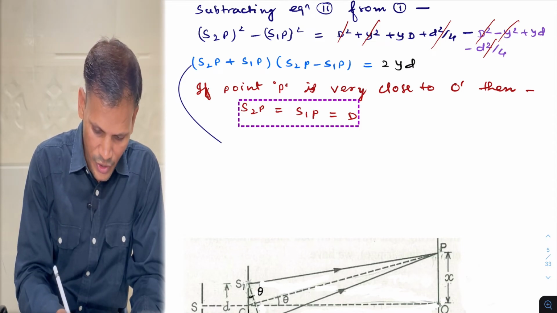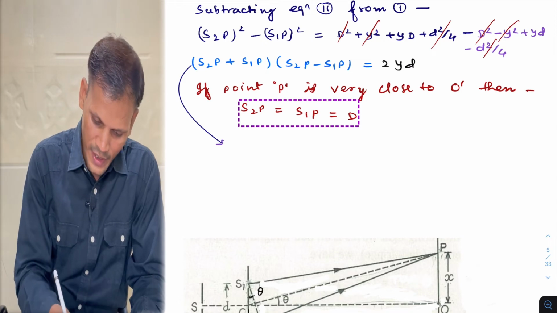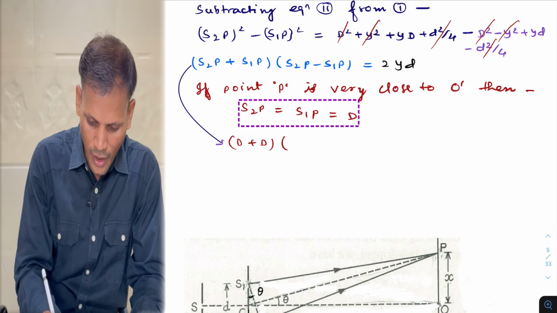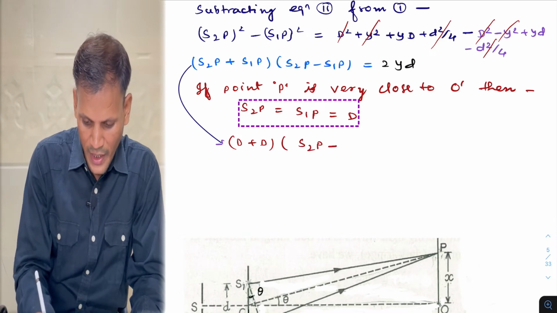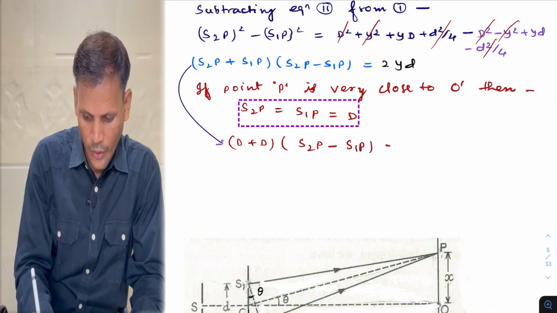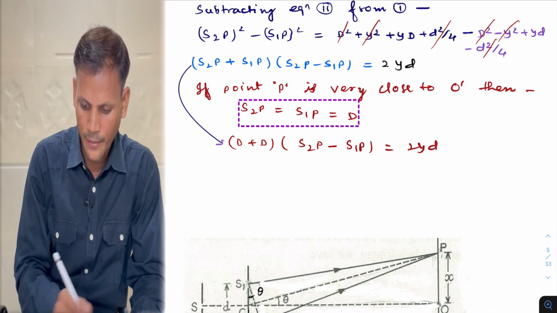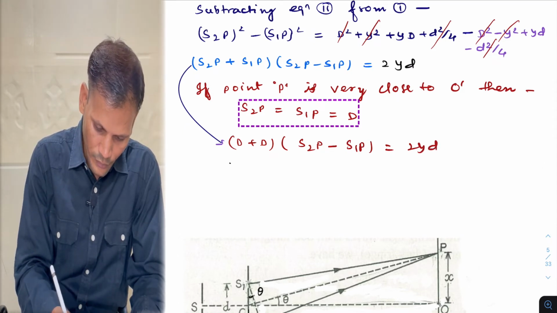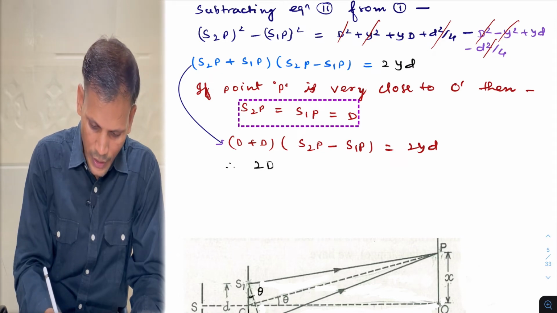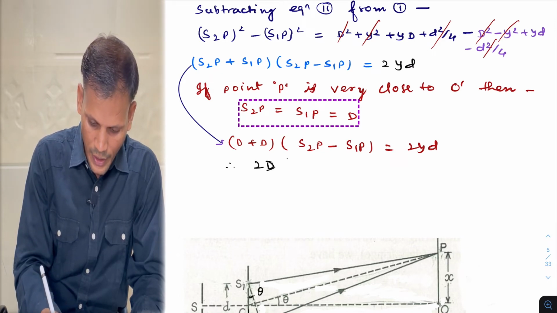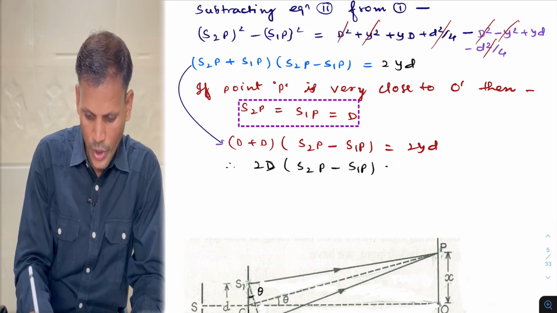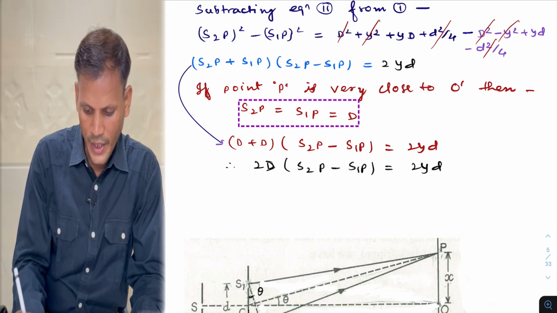What will this term become for us? S2P plus S1P will be D plus D, and what is to be calculated? S2P minus S1P is equal to 2YD. Now this will be 2D, so 2D into S2P minus S1P is equal to 2YD.